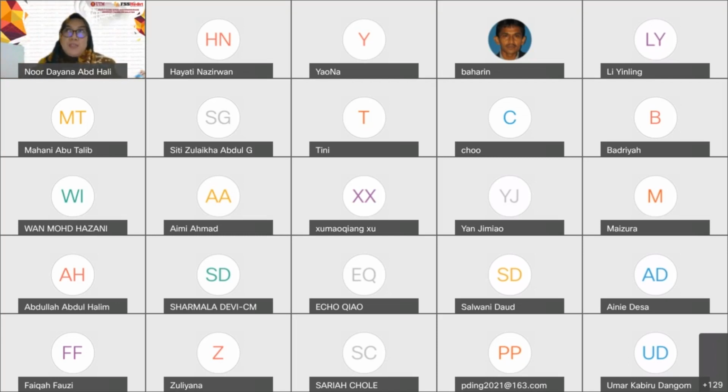For example, in my program, the EduTech program, we know that the trend of technology changes day by day. So we encourage students to find out the latest literature, because some of the technology may be obsolete for certain years.